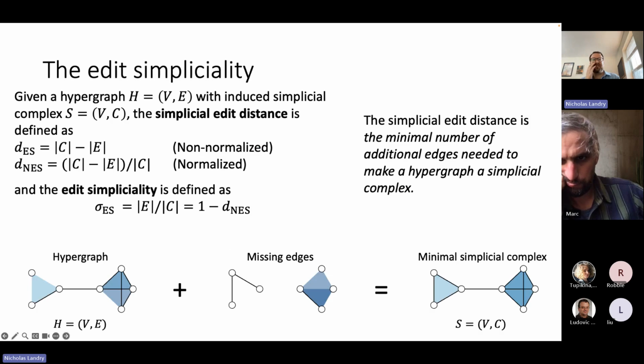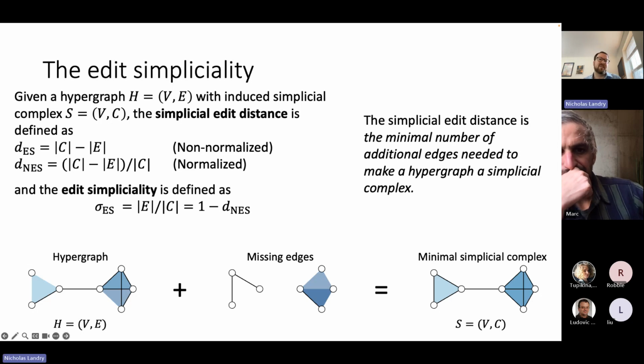The second measure that we consider is known as the edit simpliciality. To bring back my prior illustration, we want to know the minimal number of edges that I need to add to make a hypergraph a simplicial complex.